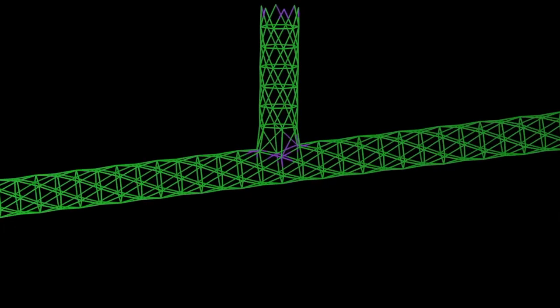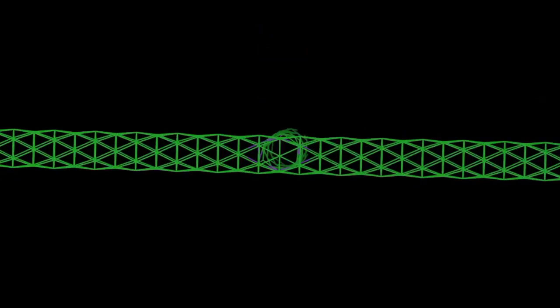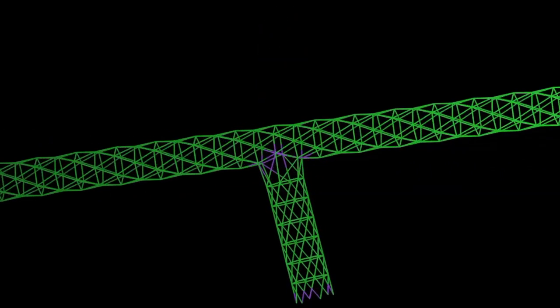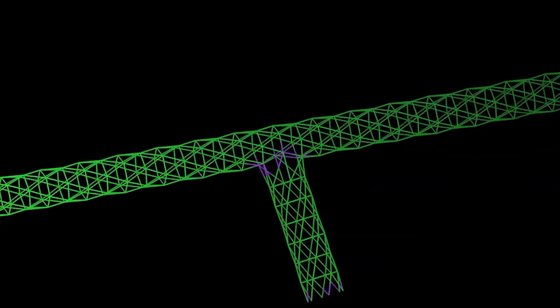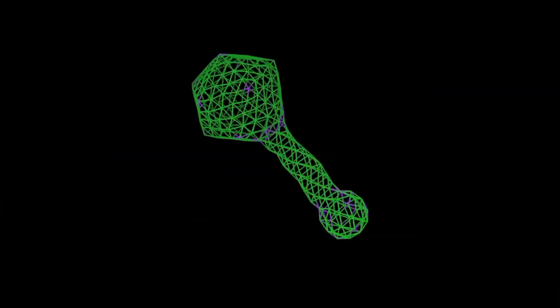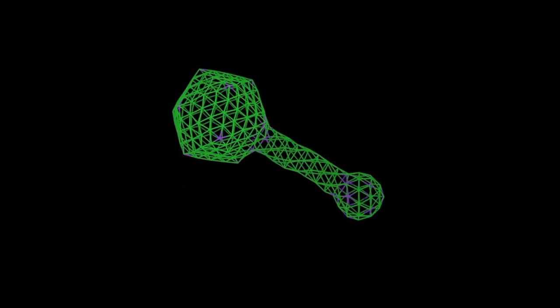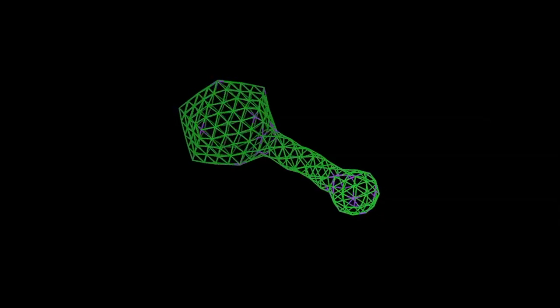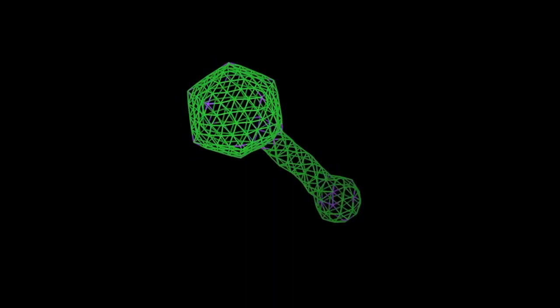I guess this is 100, and this is the junction between the 2 pipes. And finally we have 2 bowls put together by a pipe, a 6 circumference pipe.